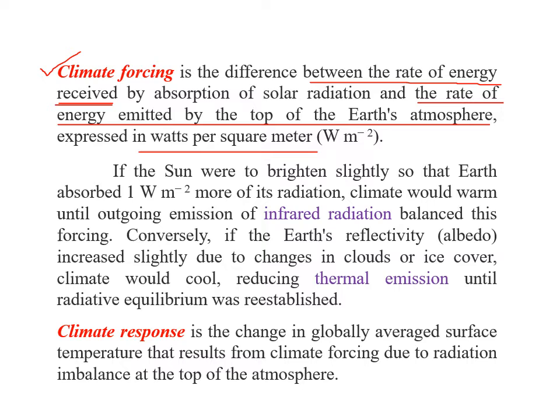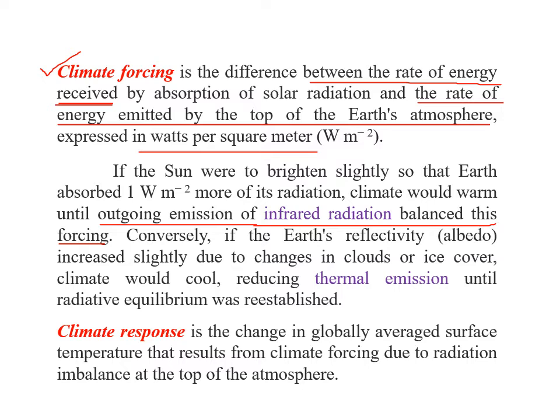Now if the sun brightens a very small amount, that means earth will absorb, say for example, 1 watt per meter square more radiation energy, and climate would warm until the outgoing radiation energy, that is the radiation energy emitted back by earth to the space in the form of long wave radiation, will balance the climate forcing.